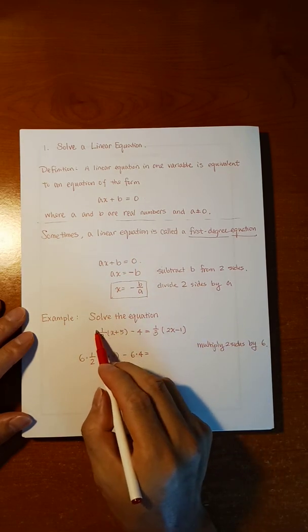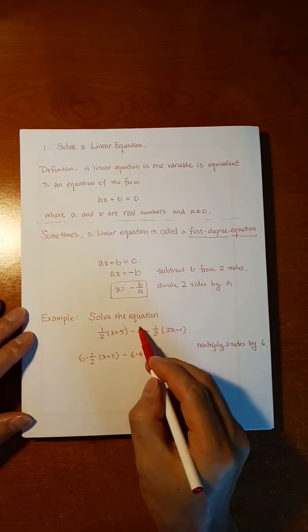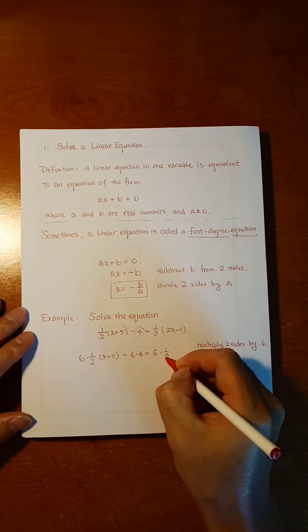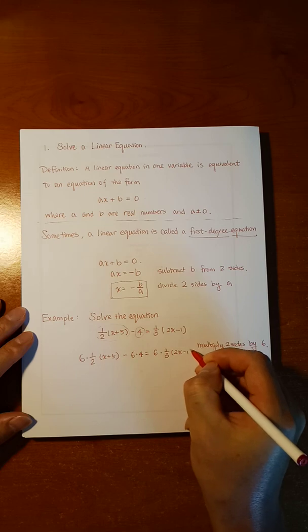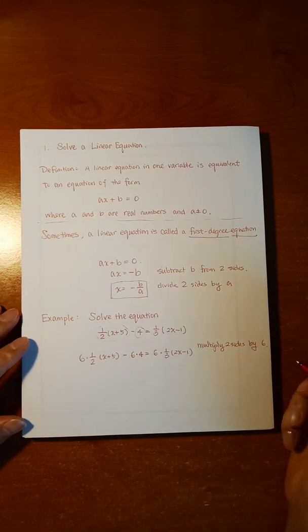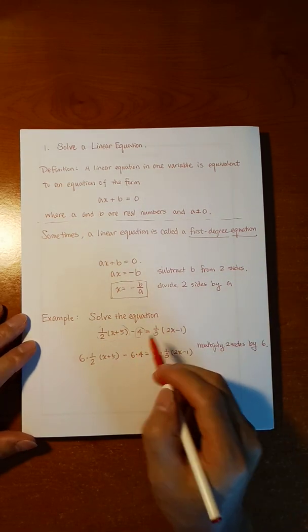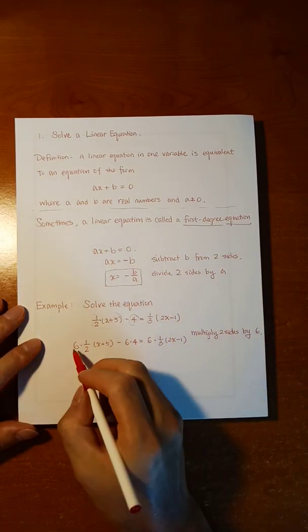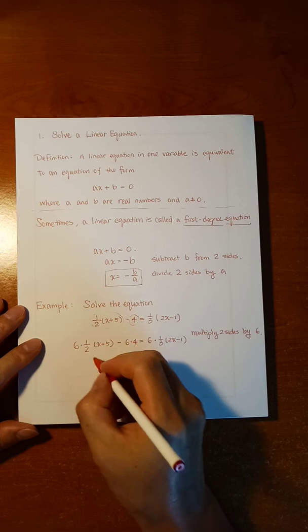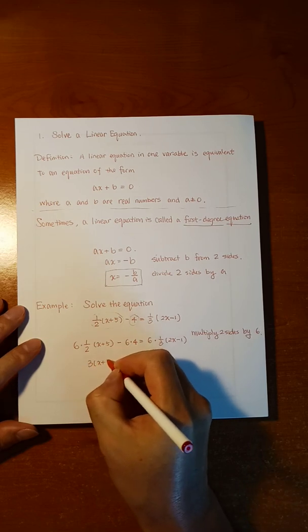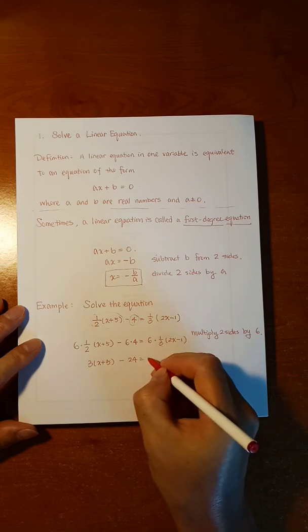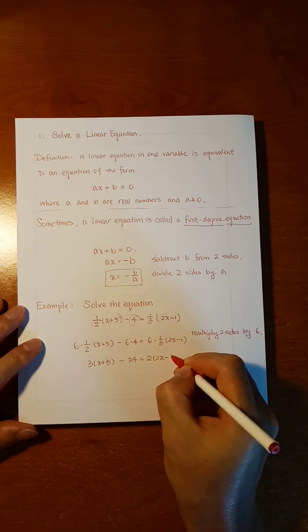This product is one term, 4 is the other term. And here is 6 times 1 over 3 times 2x minus 1. So don't forget the multiplication with 4. Okay, and then we simplify. 6 times 1 half is 3, so it's 3 times x plus 5, minus 24, equals 6 times 1 over 3, which is 2, times 2x minus 1.